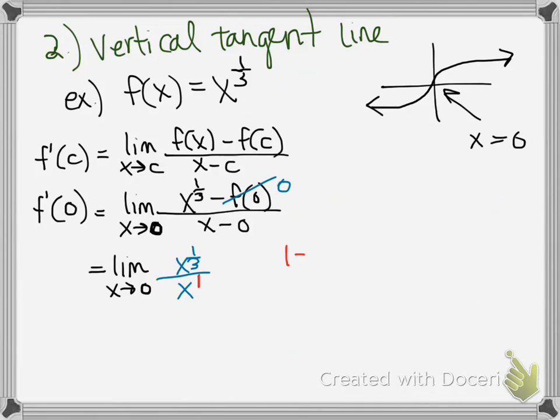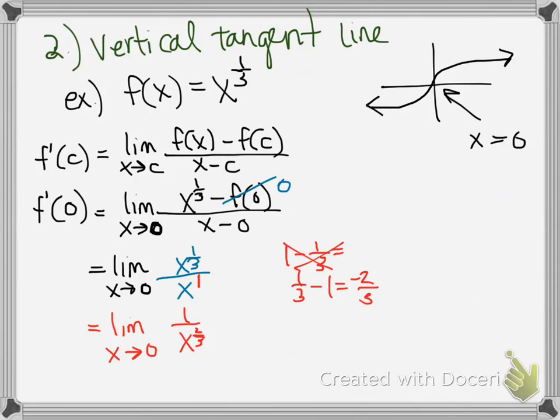I subtract them. So 1/3 minus 1 equals -2/3. So that means it needs to stay on the bottom in the denominator. So as x approaches 0 of my function, 1 over x to the 2/3 power.